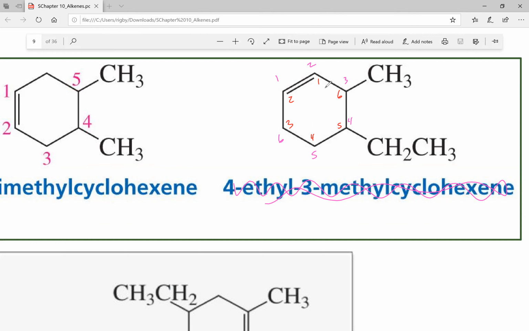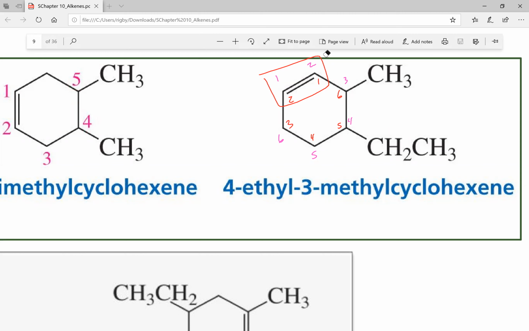And this is because, again, we want to give our substituents the lowest number possible while also keeping the double bond on 1 and 2. And so that's why the name is 4-ethyl-3-methylcyclohexene. That's also why we end up dropping the 1 from the cyclohexene name, or whatever cyclo that you have, because the double bond is always going to be on 1 for all of our intents and purposes.